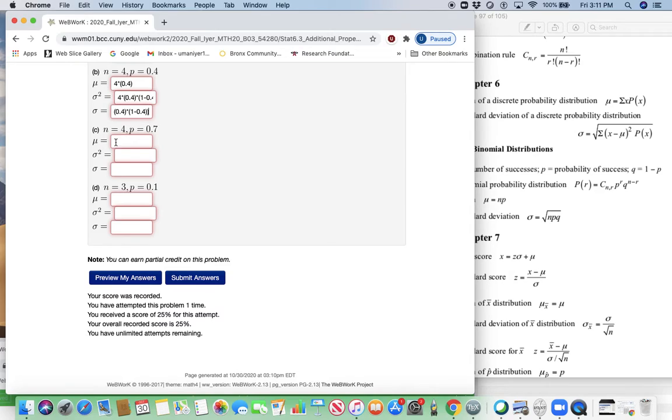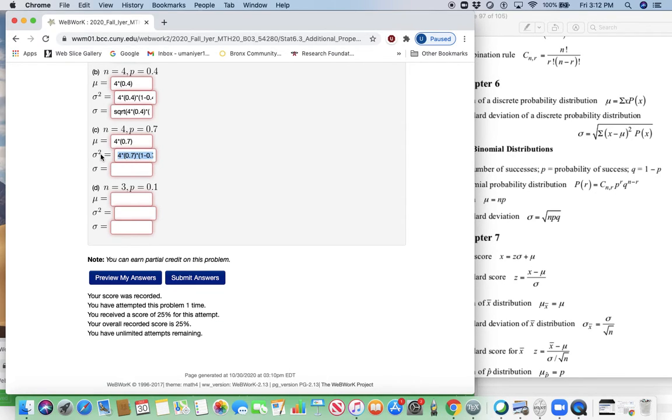Next, mu, n times p. 4 times 0.7. Sigma square, n times pq. 4 times 0.7 in parentheses times parentheses 1 minus 0.7, because q is 1 minus p.